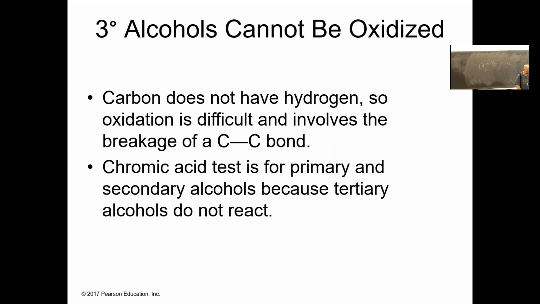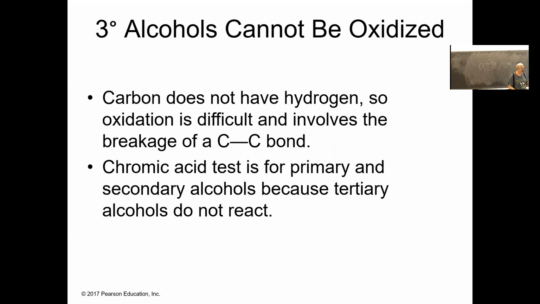Okay, there are various tests that we can use with chromic acid to test for the classification of an alcohol. So for example, we have an unknown compound. We think it's an alcohol, and other evidence indicates it's an alcohol.